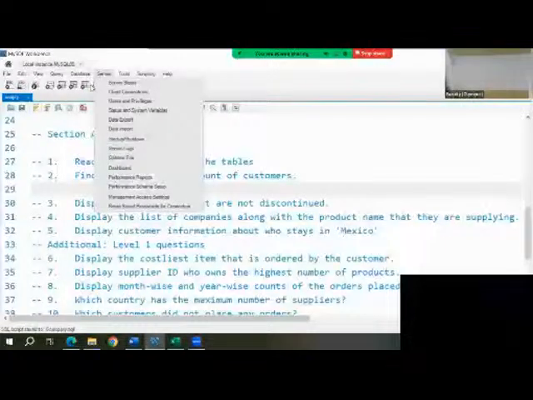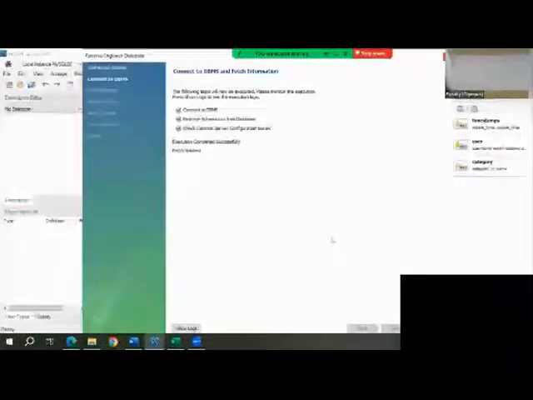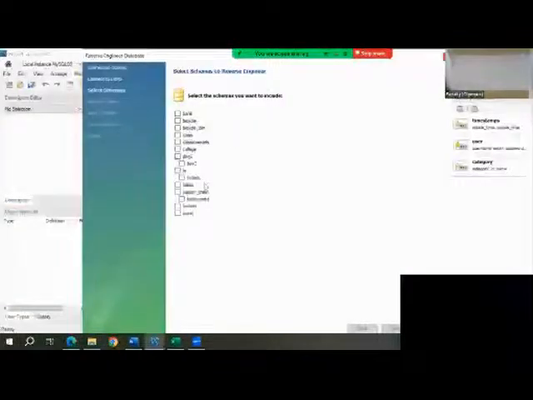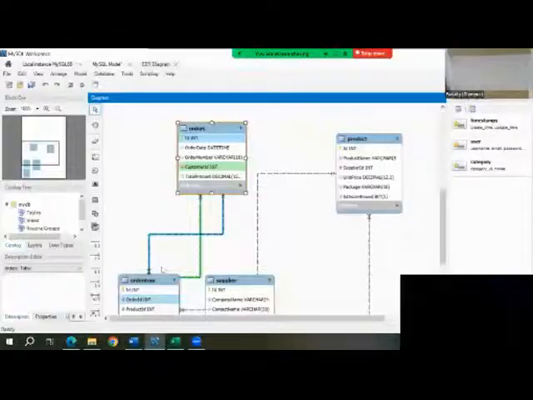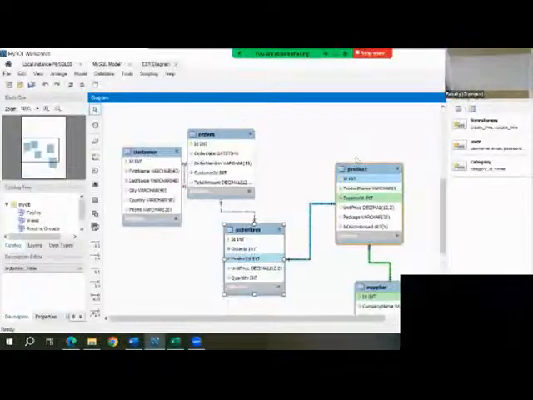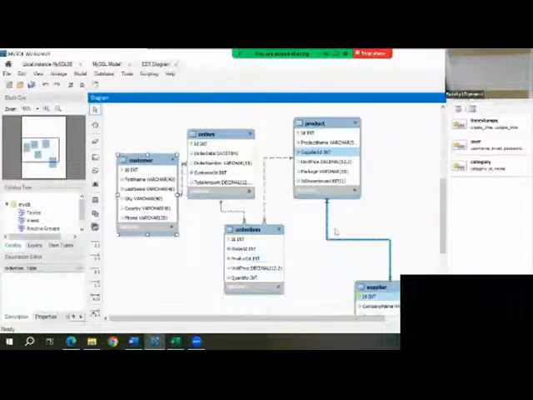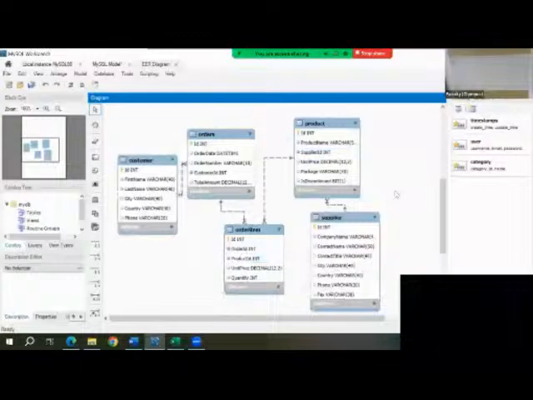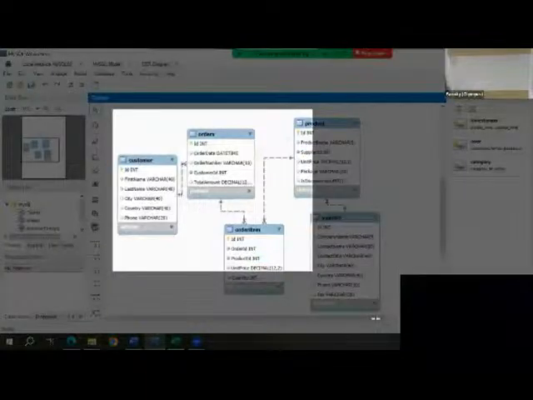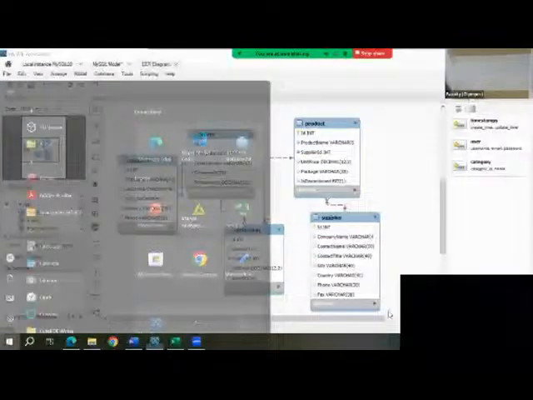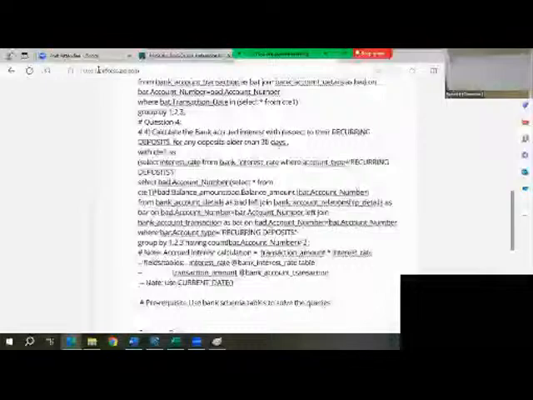There is one ER diagram also for this. I have pasted a screenshot.